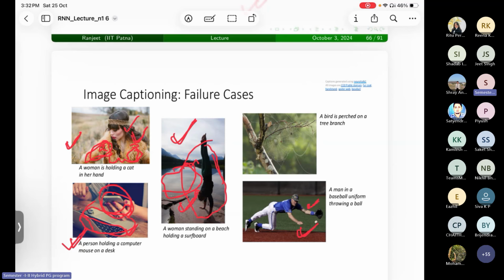Because sometimes even if the new things you are getting are already there in the data set, your model is still getting confused, like in this case, because of this color.